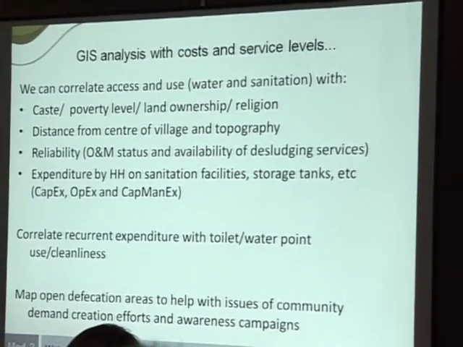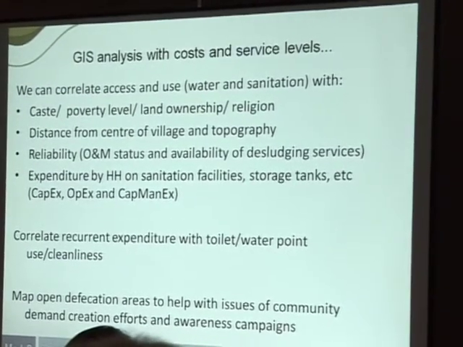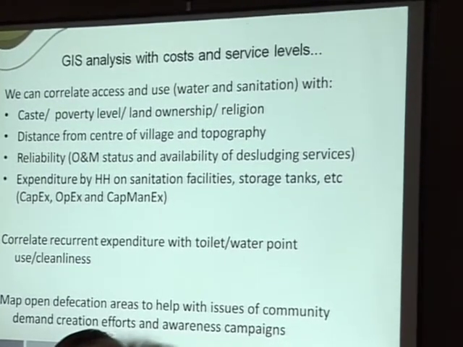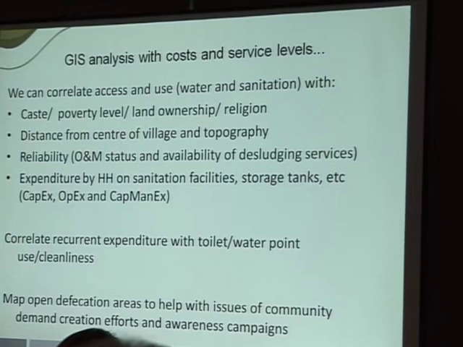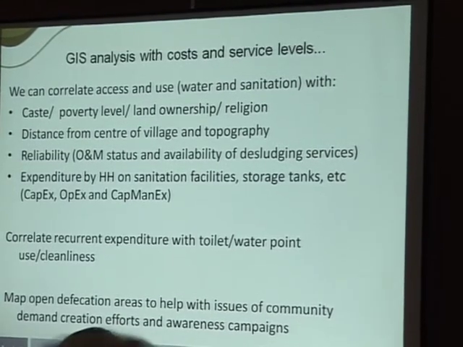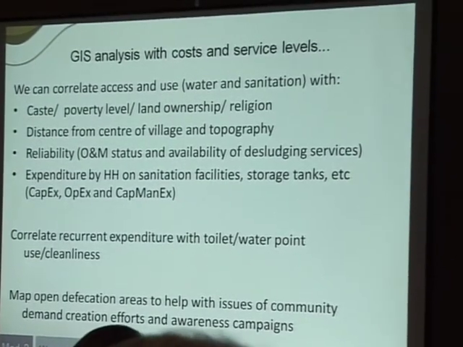So we can correlate access and use, both water and sanitation. I just showed you the water maps. You can do exactly the same with the sanitation. You can do poverty, and a correlation with poverty, land ownership, religion. You can put in topography into the picture. You can also put the reliability, O&M, I haven't showed that map. And then the expenditure of the house.